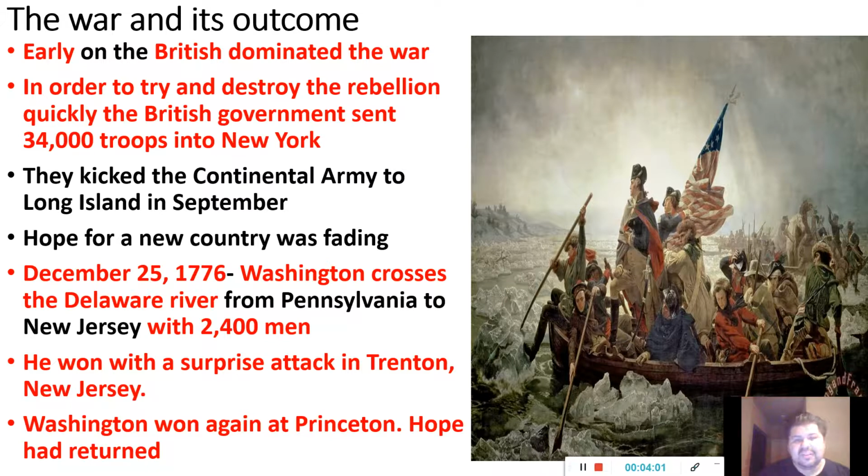And then they go to Princeton. They win that battle. So people are now starting to be like, hey, we got back-to-back wins. This is pretty awesome. This is the good news we need. So hope starts to return to the people with these two wins by George Washington. And it all again starts with him crossing the Delaware.